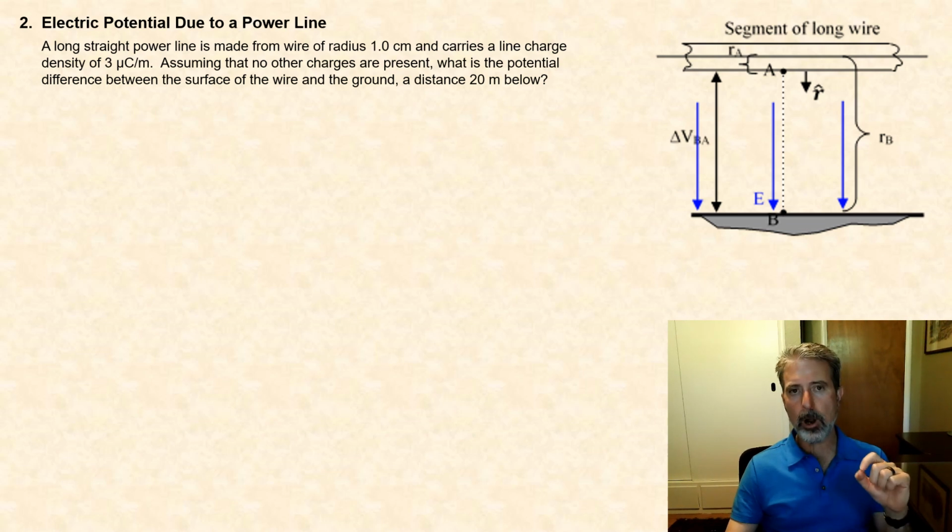So in this example problem, we will once again look at how to calculate the electric potential difference for a charge distribution where the form of the electric field is known. And you may recall when we applied Gauss's law, we know what the electric field looks like for a cylindrical charge distribution, as is the case with a power line.